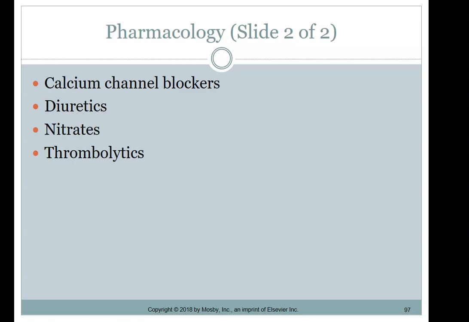Nitrates or antianginals relax blood vessels and reduce myocardial oxygen consumption to lessen the pain of angina pectoris, and are also used to treat hypertension and heart failure. And your thrombolytics aid in the dissolution of blood clots.